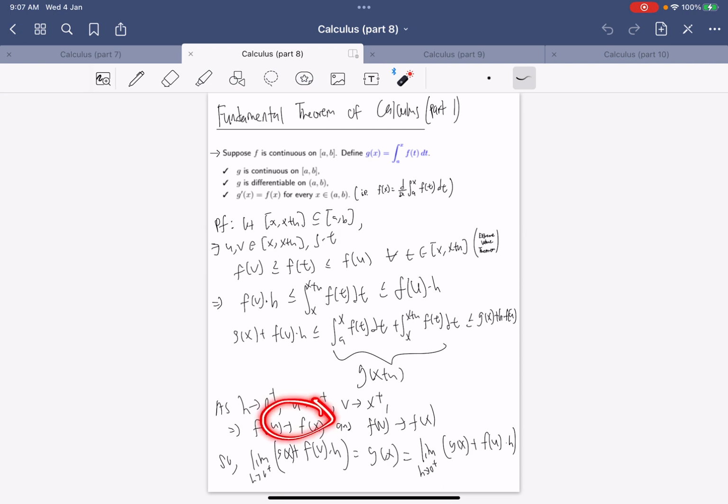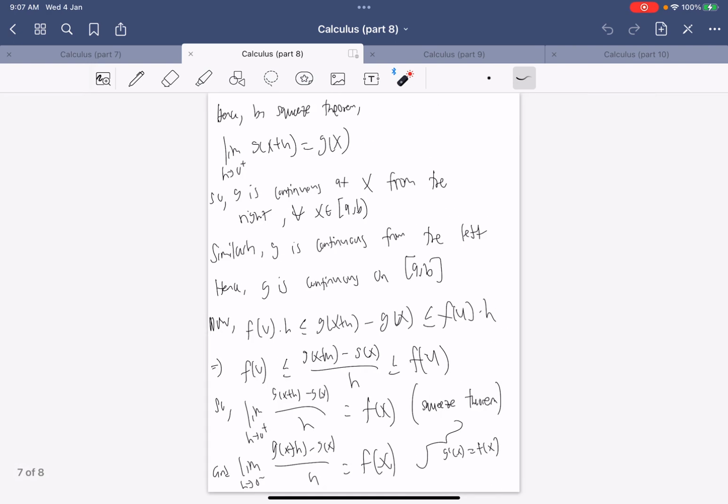So f(u) will approach f(x) and f(v) will approach f(x). By squeeze theorem, this left hand side limit and right hand side limit both approach g(x), and so by squeeze theorem, the limit of g(x plus h) as h approaches 0 from the right is g(x). And so g is continuous from the right, and so you can put a closed bracket from the a side already.